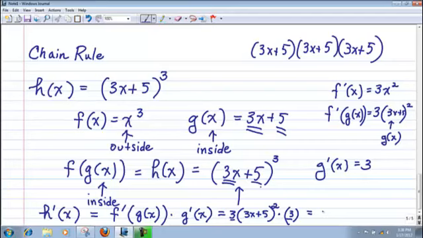So h prime, and I'll multiply 3 times 3 here, is simply 3 times 3 is 9 times the quantity (3x + 5) squared. This is certainly easier than expanding (3x + 5) cubed and then taking the derivative of each piece of that.